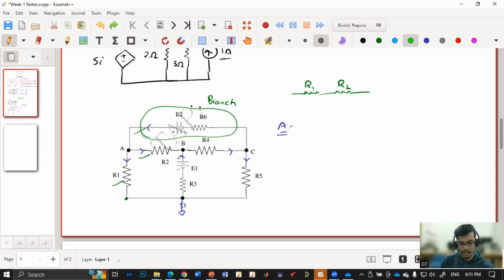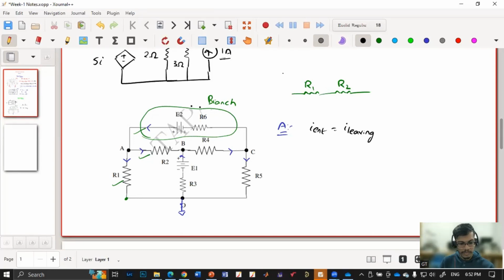Can anyone tell me? So let me use black color. So I entering is equal to I leaving, right? So the current entering is through this branch and current leaving is through these branches. So how will I know what is the current that is entering?